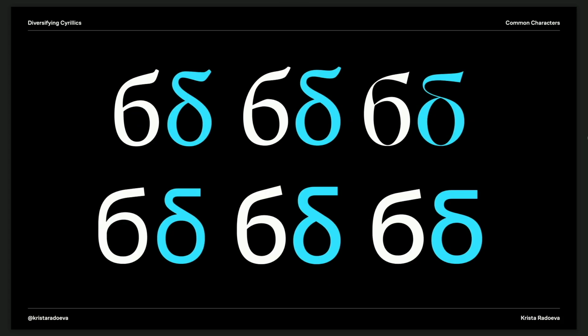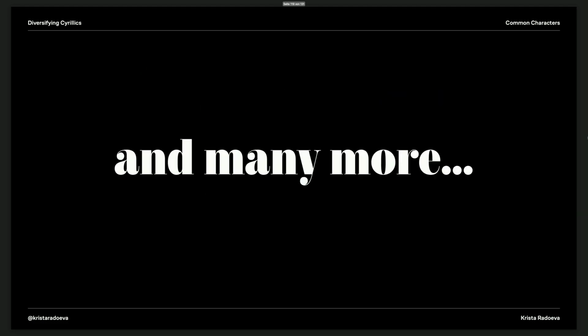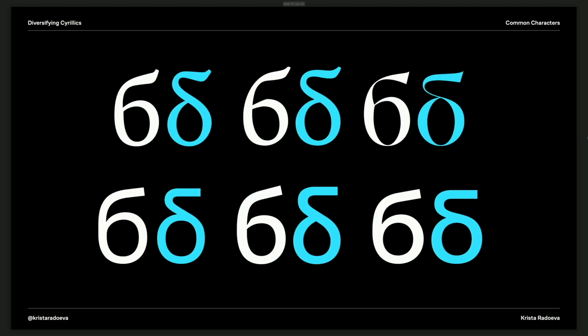Yeah, and I didn't talk about the Serbian localized forms because they also have that. I actually have a whole lecture at my workshop about how to design this Serbian B. This is Serbian and Macedonian, so localized forms for Serbian and Macedonian overlap.